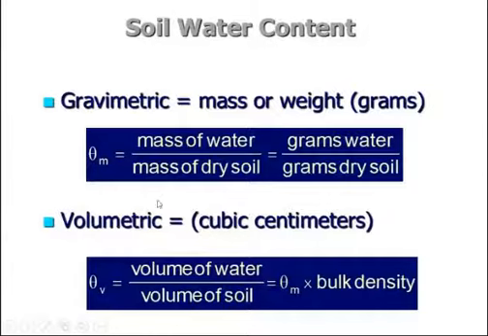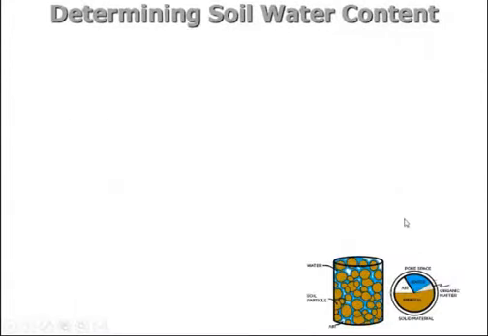However, the volumetric moisture content tells you how much water actually occupies the pore spaces of the soil. So it's basically the volume of water divided by the volume of soil. It can also be calculated by multiplying the gravimetric moisture content times the bulk density.